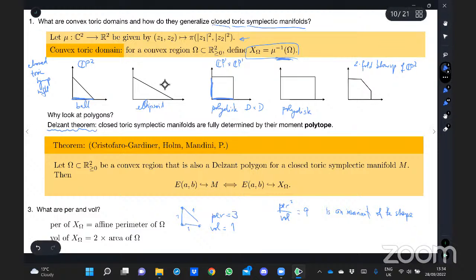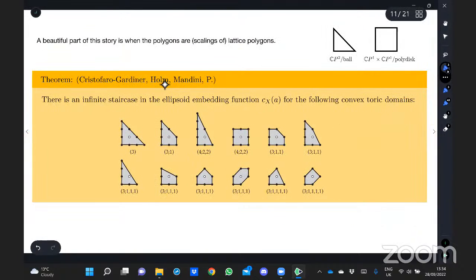All right, so we're ready to talk about the next bit of the result, which is that a beautiful part of this story is when the polygons are scalings of lattice polygons. So for example, CP2, the ball, or the polydisk.